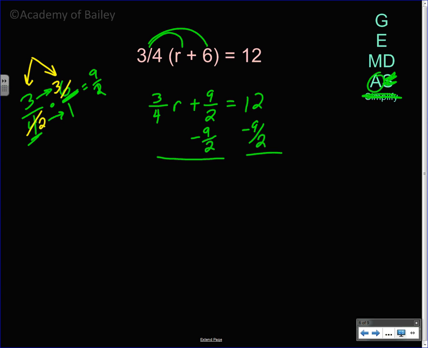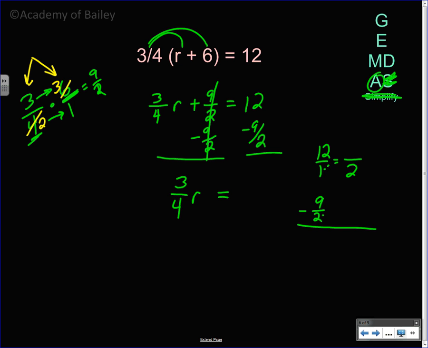This is what we have. Well, we know 9 over 2 minus 9 over 2 is 0, and we're left with 3 over 4 r, and that's equal to, and once again, we're back to common denominators. Common denominator between 1 and 2 is going to be 2, and the bottom fraction's already set up to have a denominator of 2.